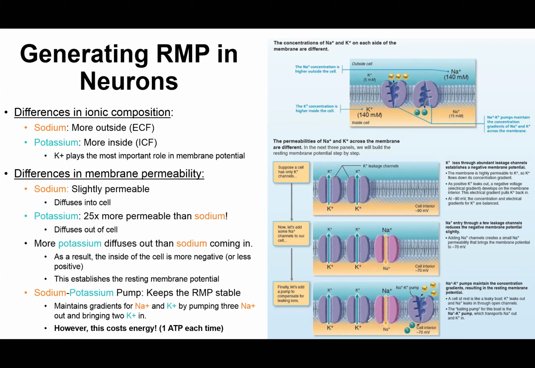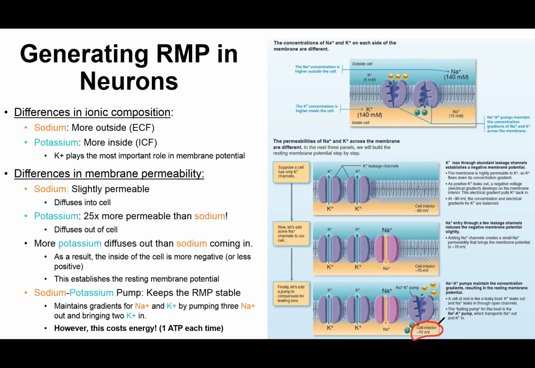If we have 2 potassium ions leaving, but we're bringing 2 back in, great, that's awesome. We are canceling each other out because what we lost, we just gained right back. Alternatively, we're bringing 1 positive in for every 3 out. This is going to then lead to keeping this negative charge here.